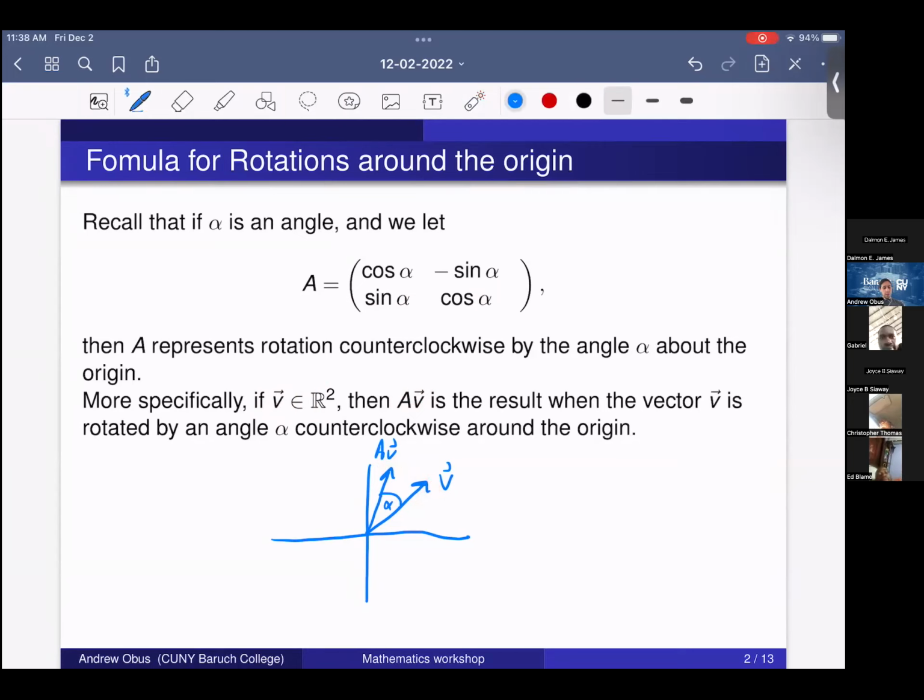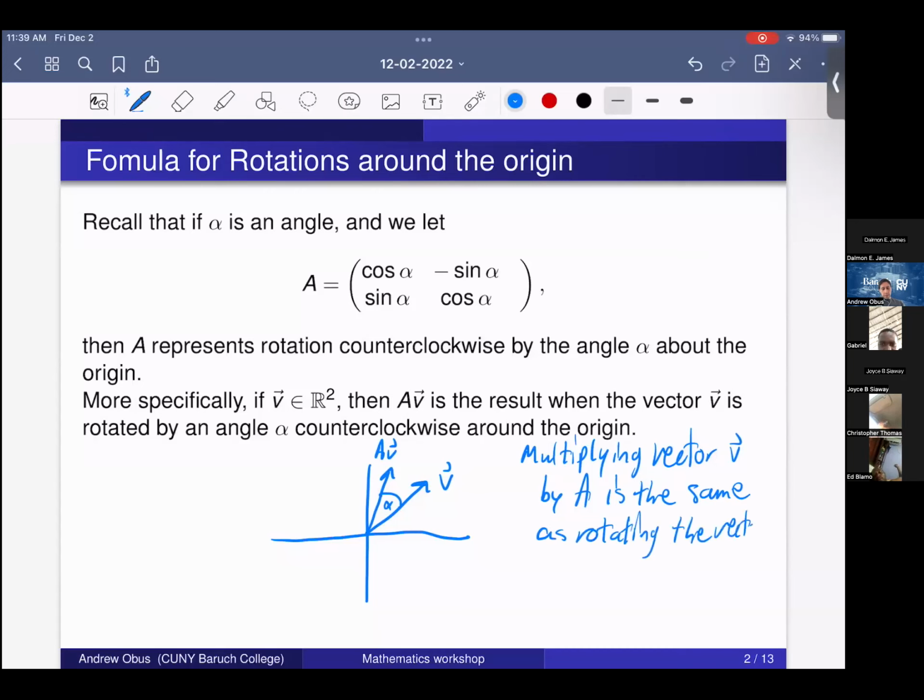So what we showed was that multiplying the vector v by A is the same as rotating the vector by angle alpha counterclockwise around the origin.